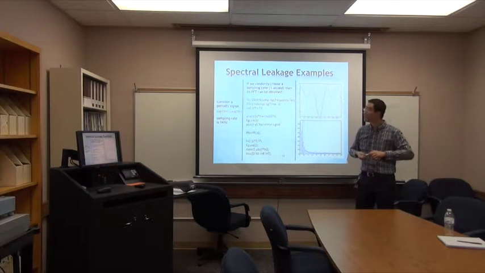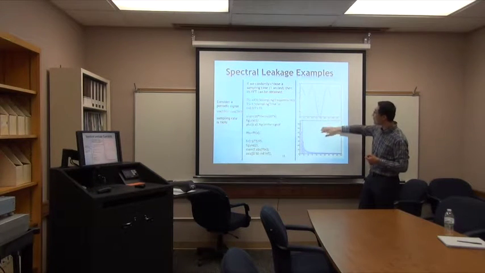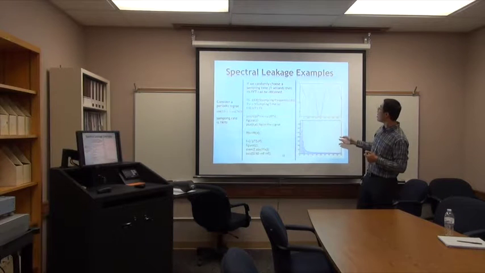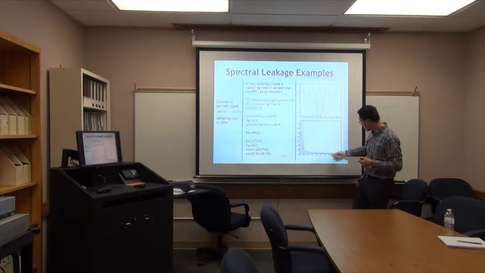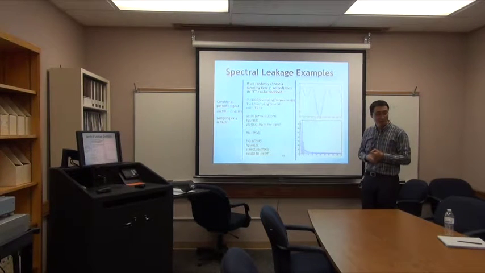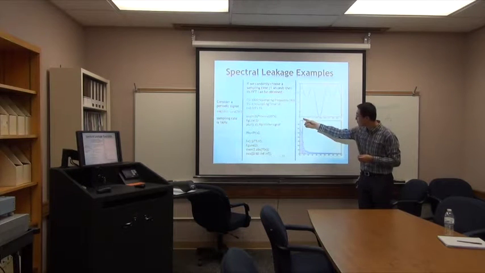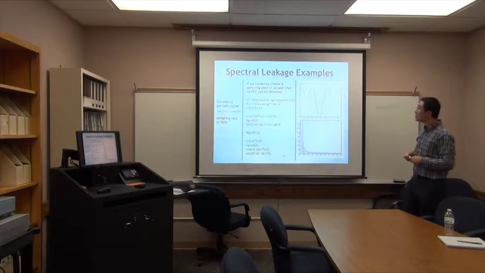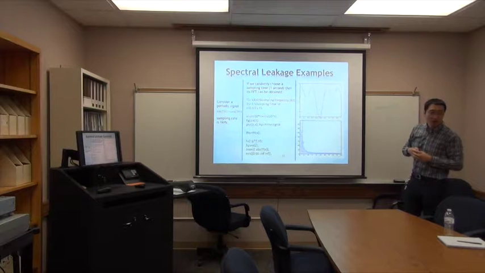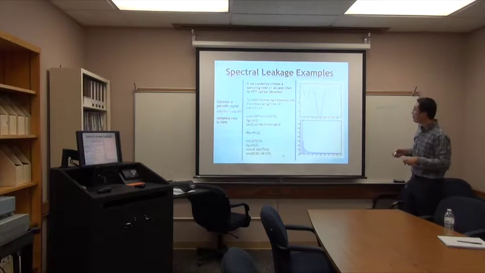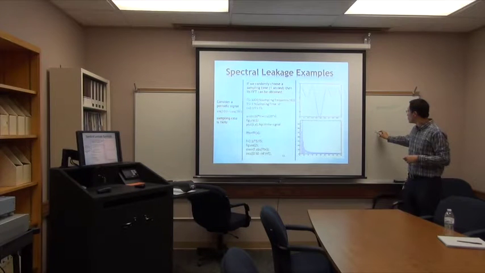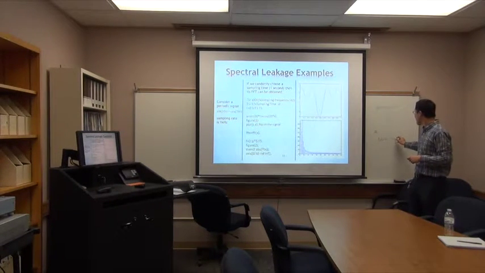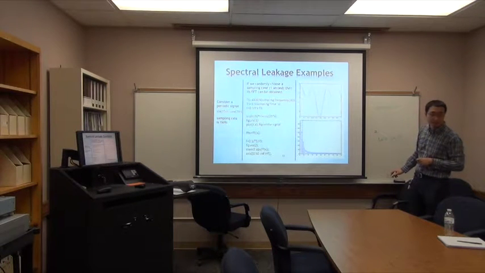Okay? So we apply FFT, and you see many peaks. This is our FFT, many peaks. Which frequencies are we supposed to get for peaks? We know omega is equal to 2 pi f, right?